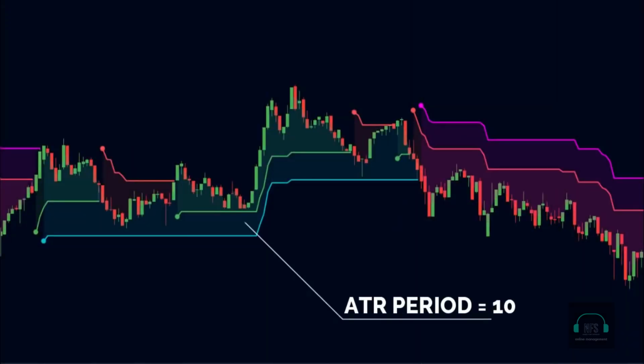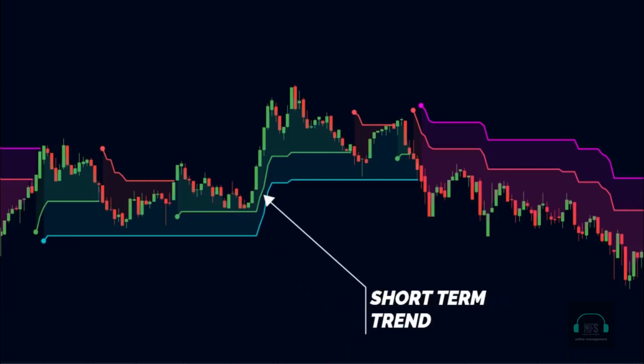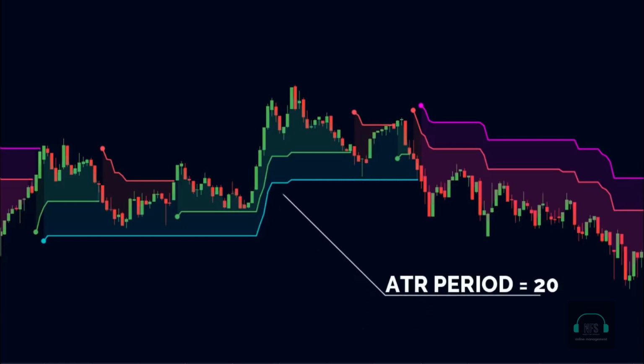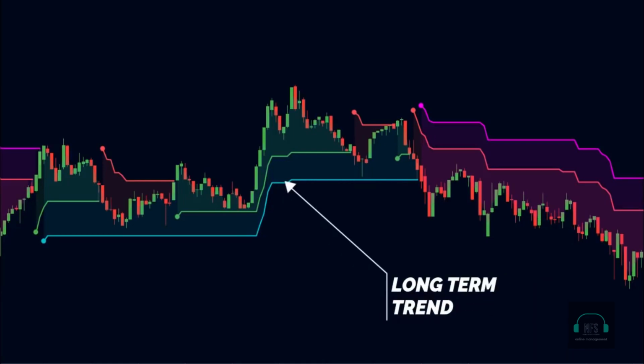The first one will be the default Supertrend with a 10-period ATR and a 3x ATR multiplier. This will show us the short-term trend of the market. The second Supertrend will be a 20-period ATR and a 5x ATR multiplier. Therefore, it will indicate the long-term trend of the market.